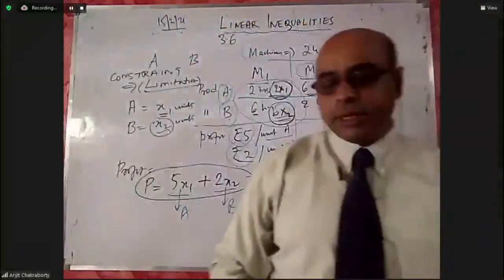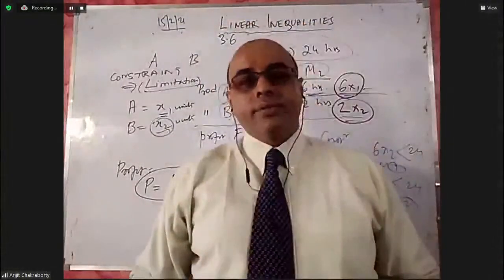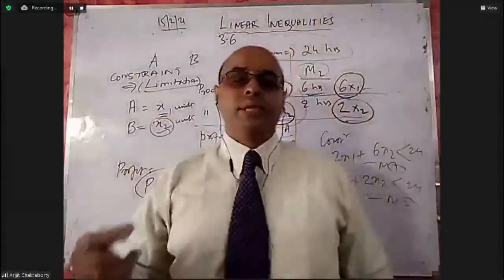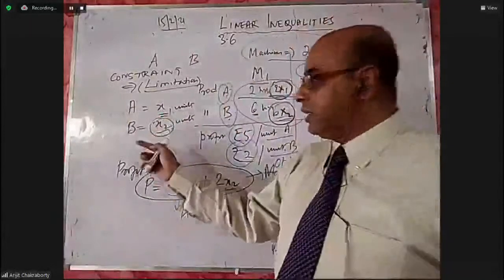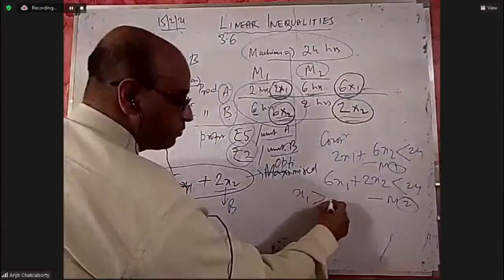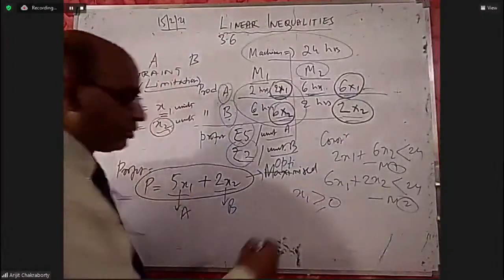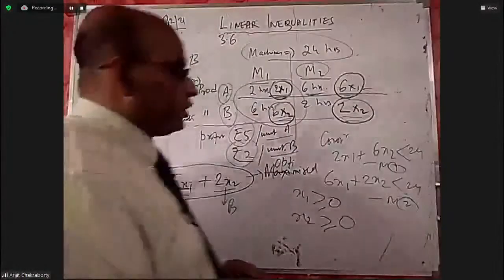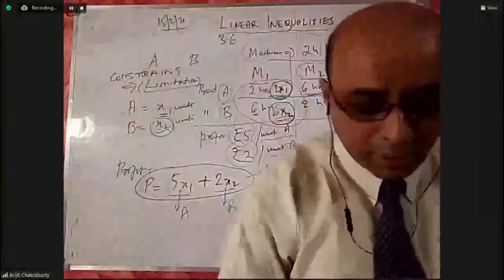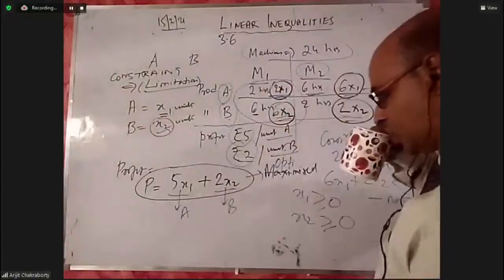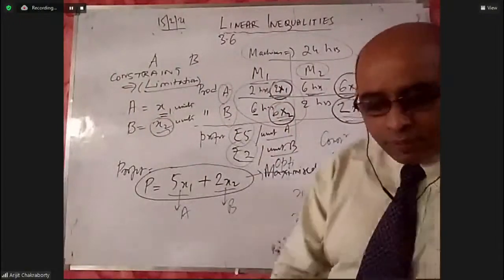And we can also write that X1 is the number of units which you are producing, X2 is the number of units you are producing for material B. So the final points will be X1 should always be positive, greater than or equal to 0, and X2 is also positive, it is greater than or equal to 0. So we have an optimization function, my dear friends. Please see the optimization function, right?